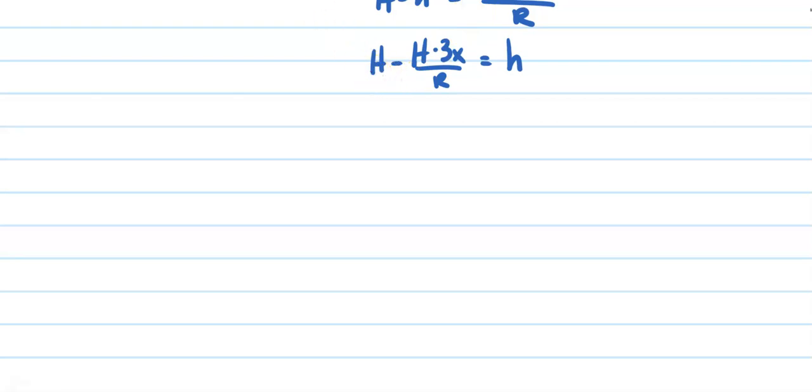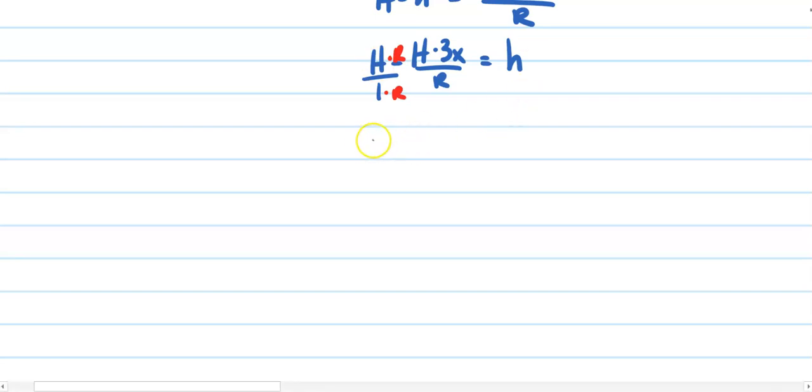All we need to do is create a common denominator and subtract these fractions from one another. So I'm going to pretend that this capital H was written as a fraction over 1, and I can multiply both the numerator and the denominator of that fraction by r in order to force the common denominator.